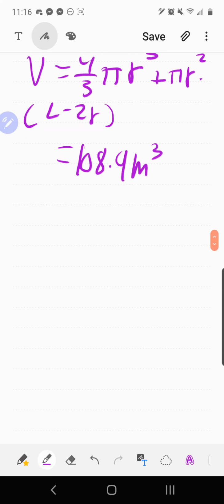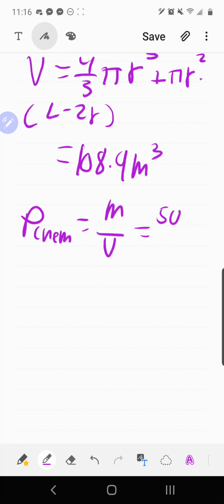The contents have a mass of 50 kilograms and the tank is half full. So let's get the density of the chemical: mass over volume. 50,000 kilograms divided by 1/2 times 108.9.